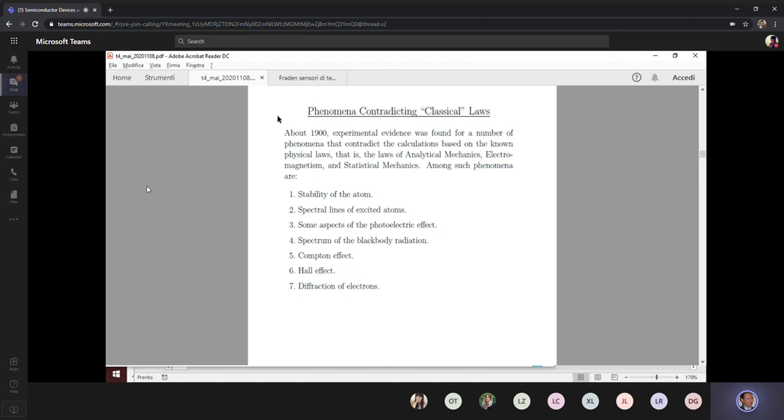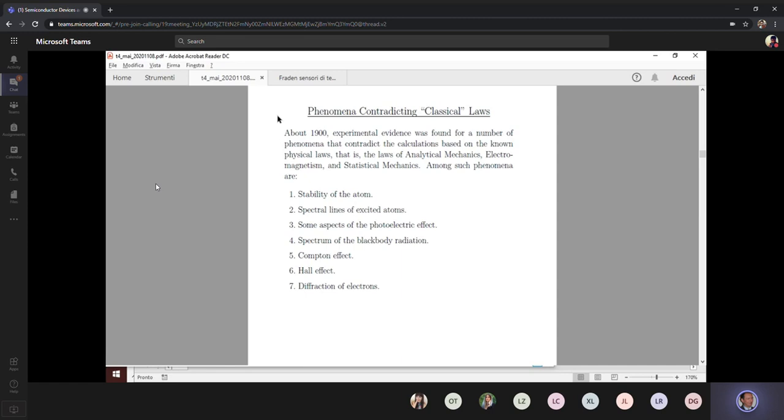They are just listed here. One is the stability of the atom. Number 2 is the spectral lines of excited atoms, then some aspects of the photoelectric effect, the spectrum of the black body radiation, the Compton effect, the Hall effect, and diffraction of electrons.